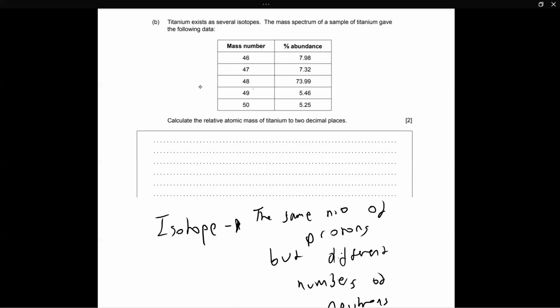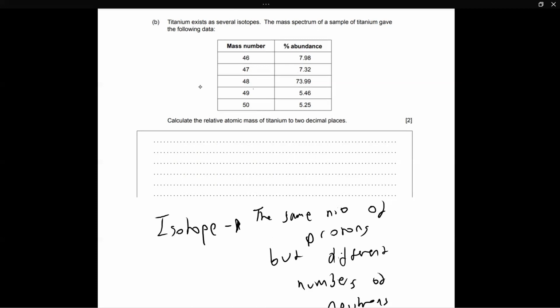As you can see from this, 48 is clearly the most abundant isotope. So if you were to get a block of titanium and scan all the atoms in it, you would probably find a majority of titanium atoms with the mass number of 48. That would be its percentage abundance.